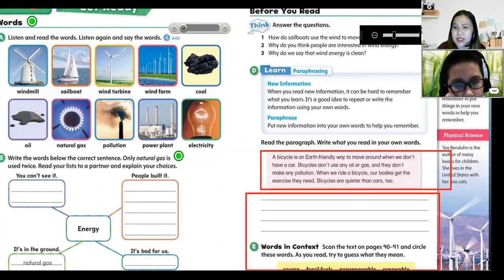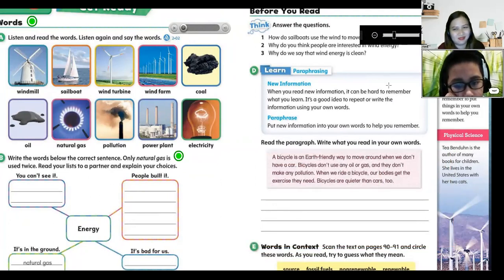You can write your answer here. Okay? Ready? Can you write, or do I need to give you the pen? I don't need a pen. I have my own pen. Okay, good.